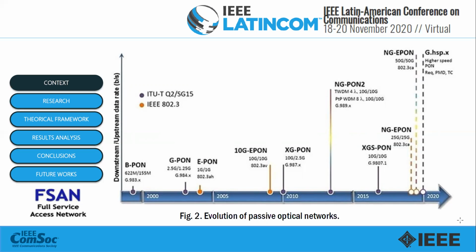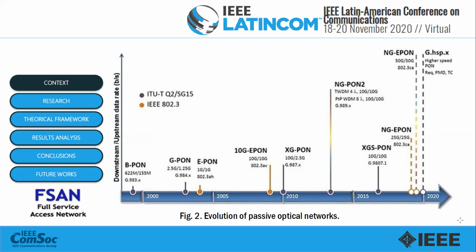The XGS-PON, which this paper is based on, is a kind of coexistence or overlaid model of OFDM over this XGS-PON infrastructure. Then we can encounter the other ones like NG-EPON and the higher speed passive optical networks.